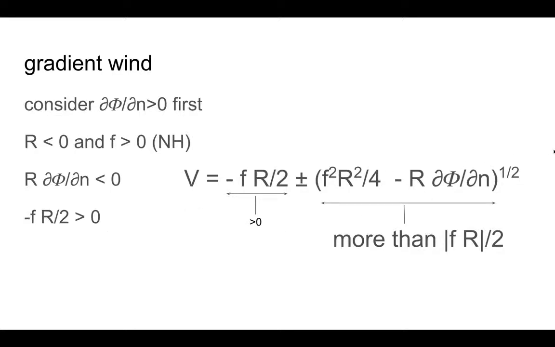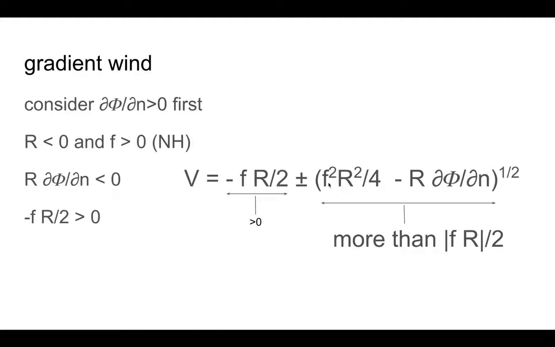So if we look at the square root term, this r d phi dn is actually negative, and we're subtracting a negative. So we're actually making this overall term, after we take the square root, a larger value than fr over 2.